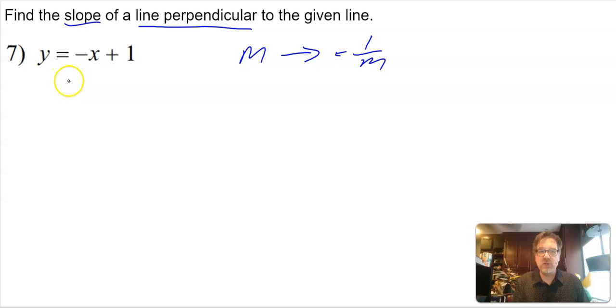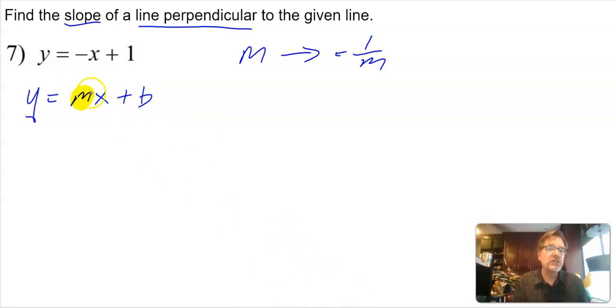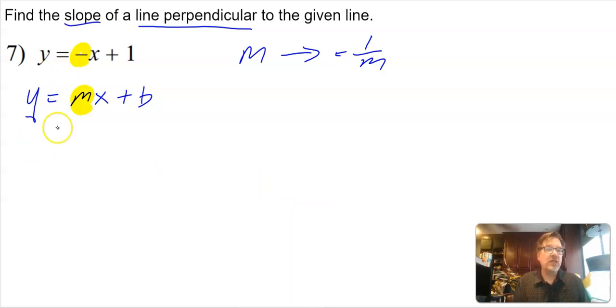Okay, so find the slope of this line. Y equals mx plus b. I want to find the slope. The slope is the number in front of x. So in front of x is just a negative sign. So I know the slope of this line is negative 1.